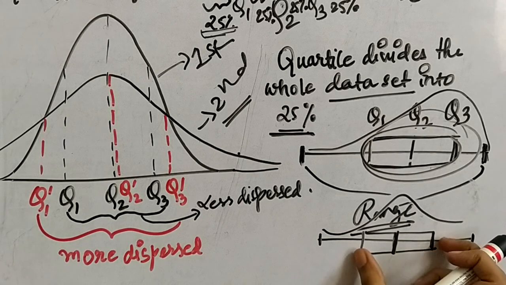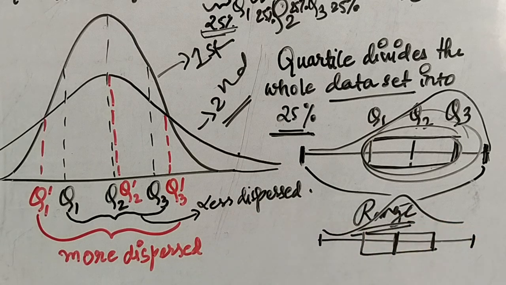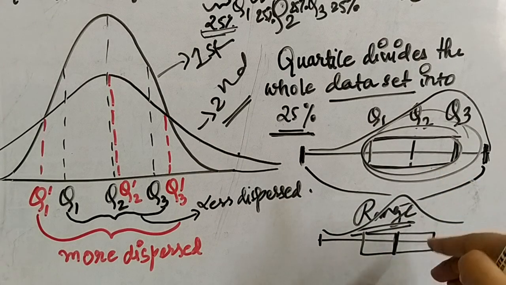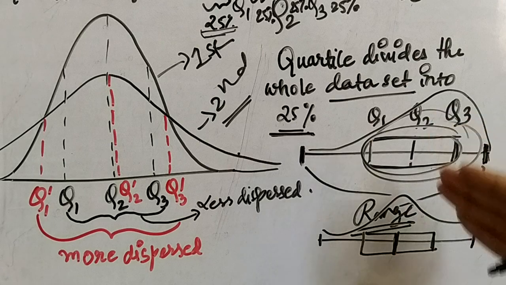And if it is shifted towards the left, then the whole distribution will be positively skewed. But as we have read only range and quartile deviation, we will only consider how we can calculate the range and the quartile deviation in the case of a box and whisker plot.